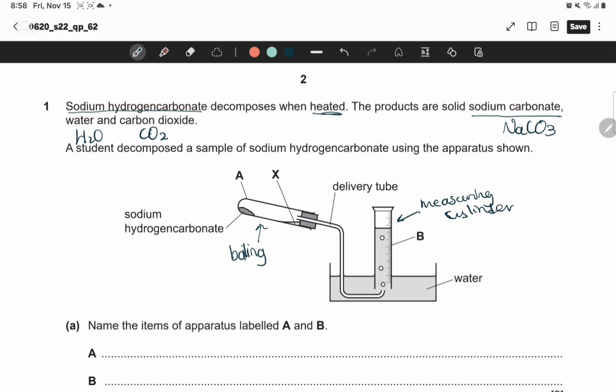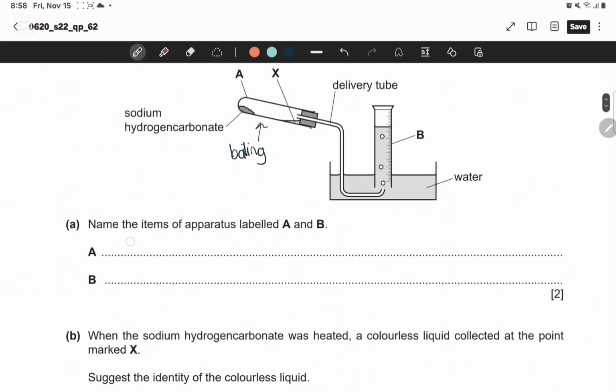If you can't see, a measuring cylinder is like this, but they just flipped it so that the delivery tube goes through it and brings all the products over here. Okay? So A is a boiling tube and B is a measuring cylinder.